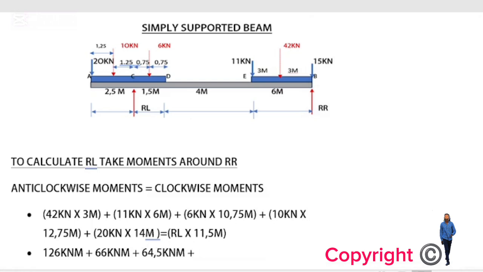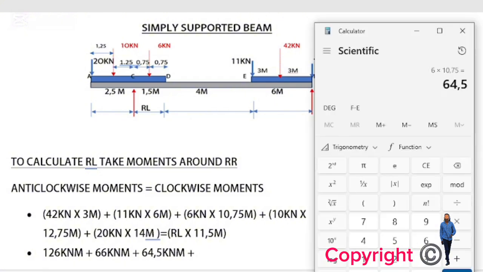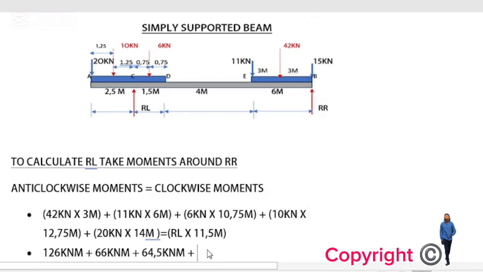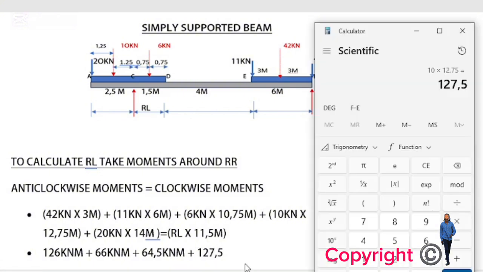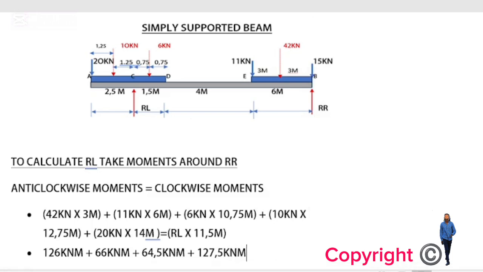Then in this way, 10 times 12.75 equals 127.5. Let me check. 127.5 kilonewton meters.